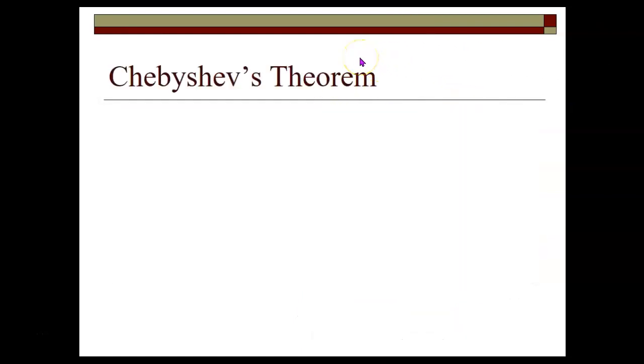Okay, one last thing, and this is kind of a bonus topic. I'm not going to insist that you know this. If I put this on a test, it will be a bonus problem. But there is something called Chebyshev's theorem that I'm going to tell you briefly what it says. Now, it relates to standard deviation. Standard deviation gives you an idea of how much variability there is in your data.